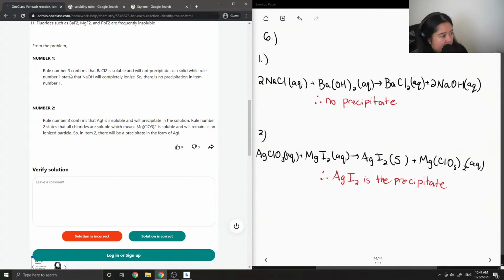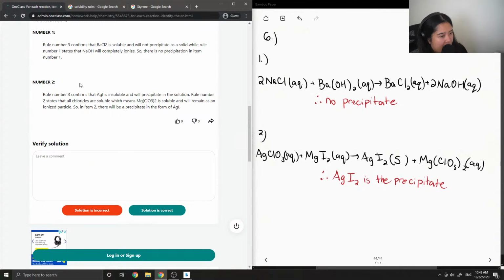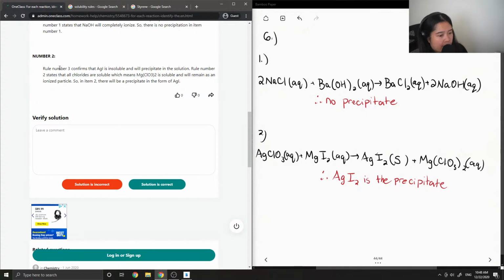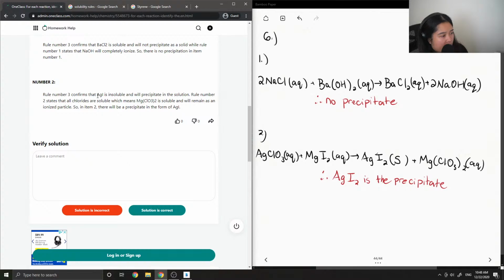number 1, rule number 3 confirms that barium chloride is soluble and will not precipitate as a solid, while rule number 1 states that sodium hydroxide will completely ionize, so there's no precipitate in reaction 1. For reaction 2, rule number 3 confirms that the silver iodide is insoluble and will precipitate in the solution.